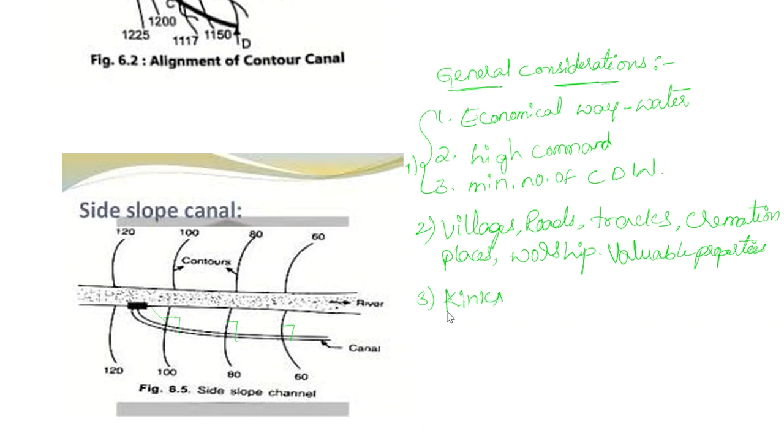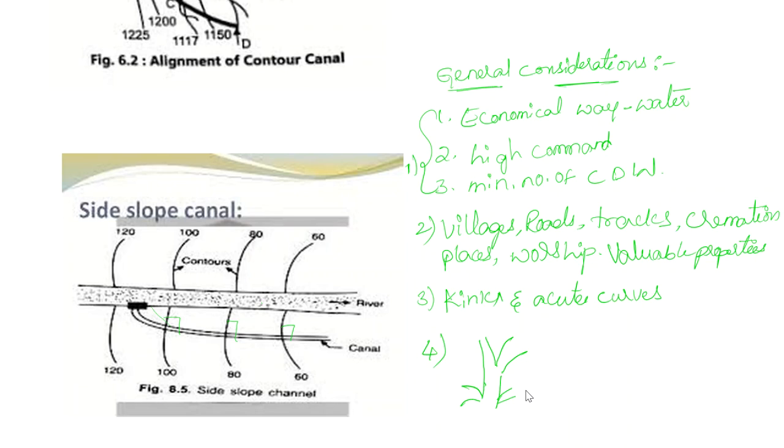And the next point is the length of the canal should be minimum and branches should be economically planned. The length should be short, but its branches should be properly planned so that more area can be cultivated.